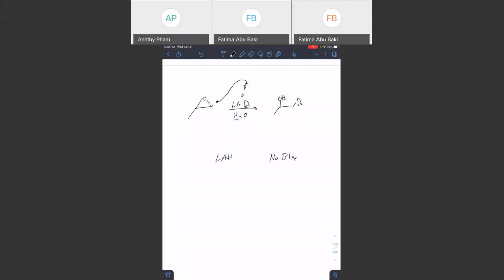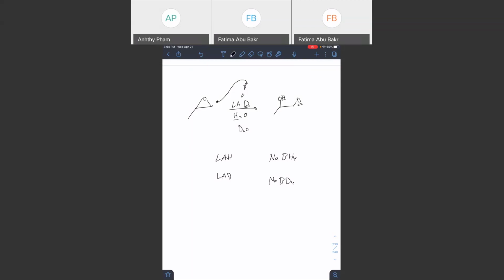And that H can be changed to a D. So you can use NaBD4 or you can use LAD. Okay? So those are your options for the Ds that can be used to actually attack. And then the solution could be D2O, but in this case it's not. Okay, so with that, we're going to pause.